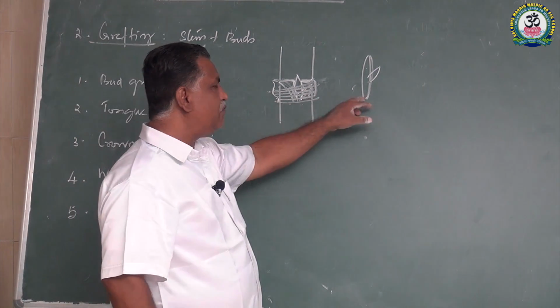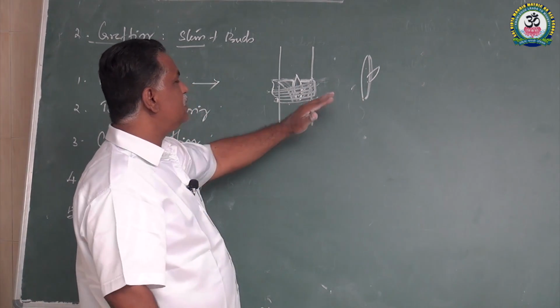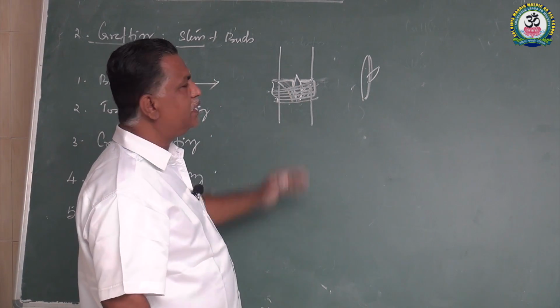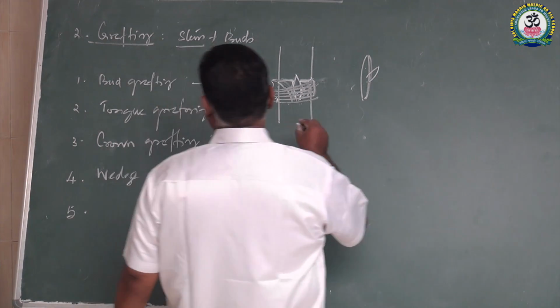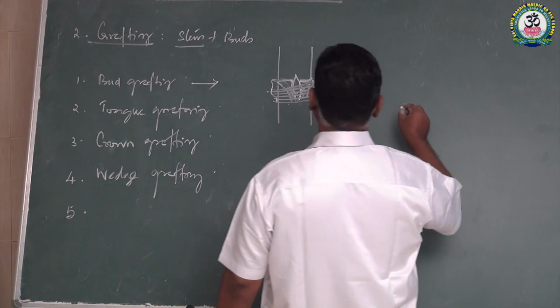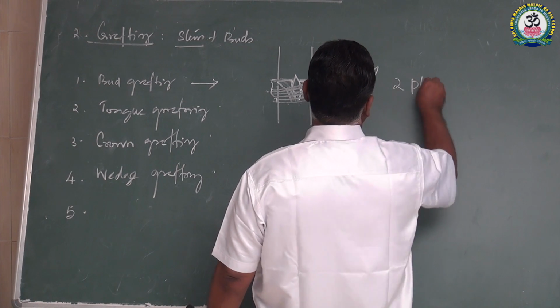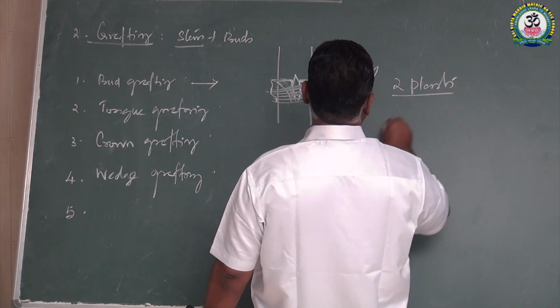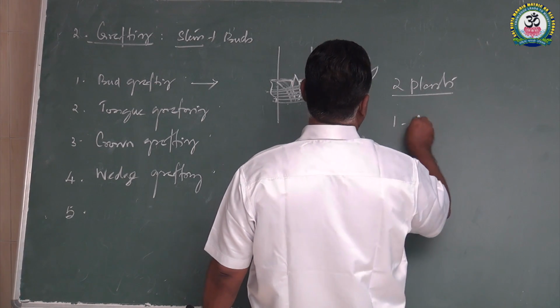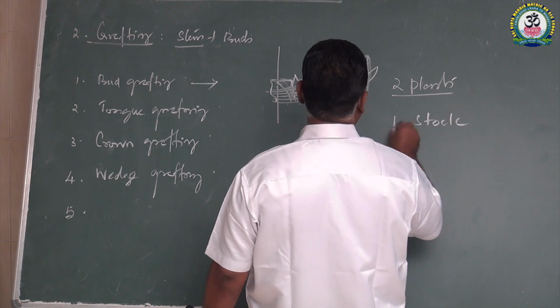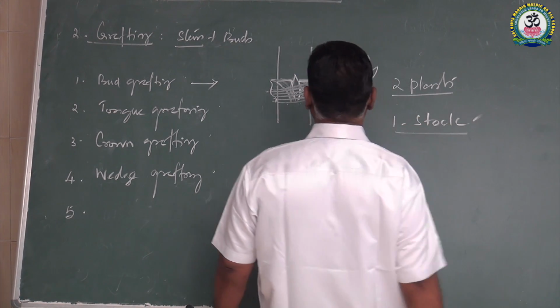So here what is grafted? What is attached? A bud is attached to the one plant, and we have two plants involved in this. The plant with the root is called stock.